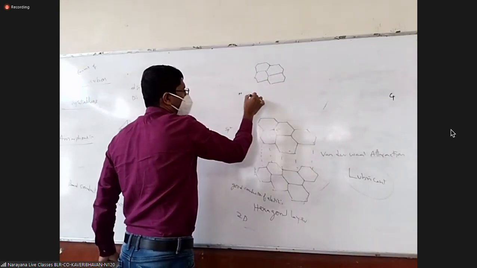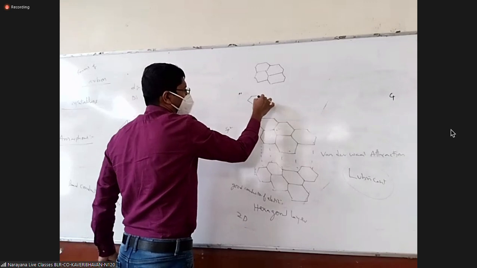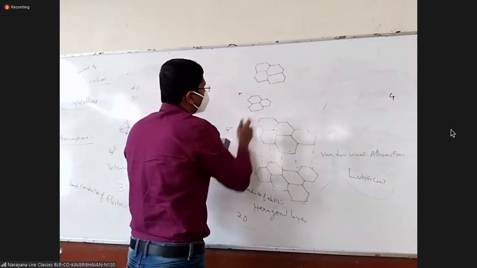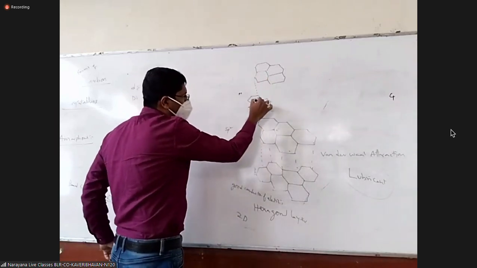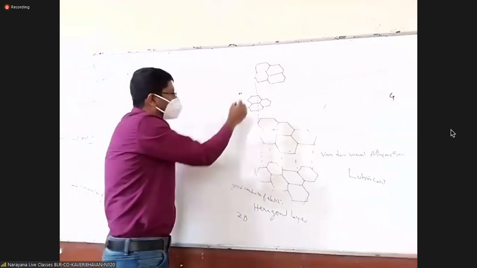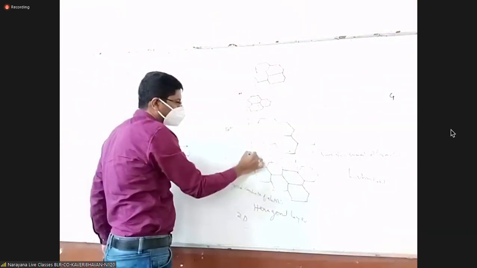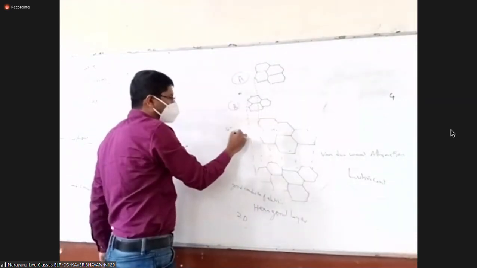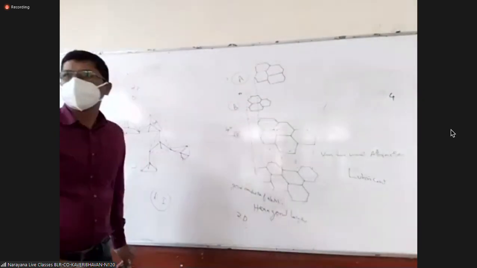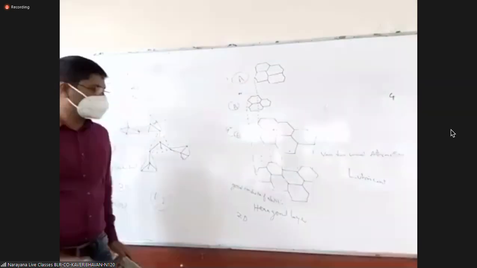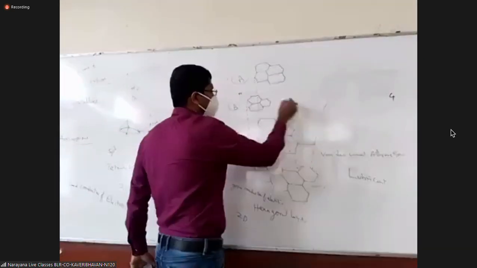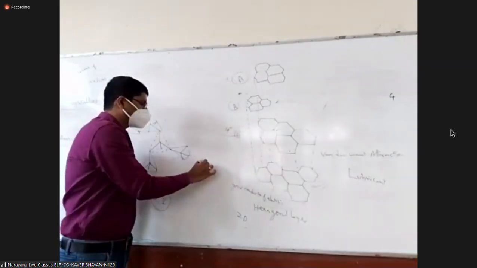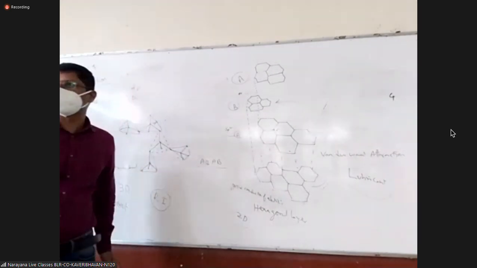This one will be a little far ahead. The next, third layer will be exactly down to the first. So the first layer is called A, the second layer is called B, the third layer is a repeat of the first layer, and then the fourth layer will be a repeat of the second layer. If this type of arrangement is there, we say it is an AB type of arrangement.